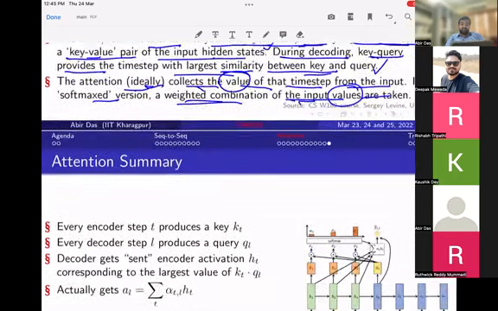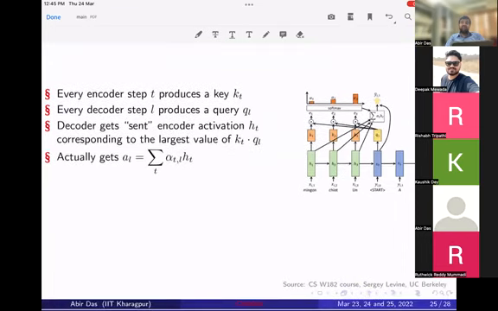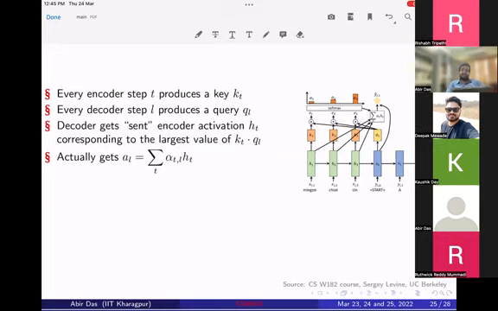Now, before I go to the summary, just one thing I missed telling, why it is called attention. Because you are giving more focus to the hidden state that is most similar to the query. So you are sort of attending the most relevant part for that decoder state. So that's why it is called attention. The mechanism is called attention, and those ALs are called attention scores or attention.